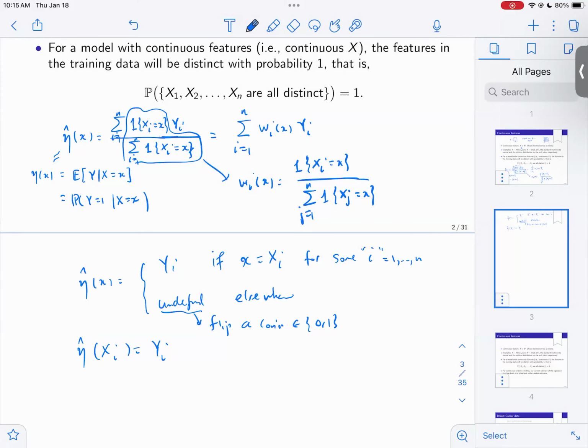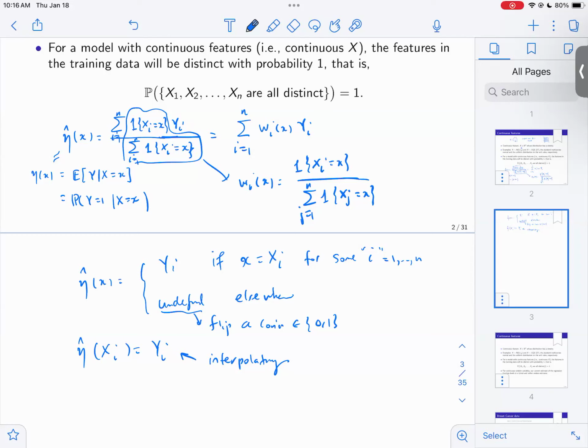This is called an interpolating classifier. But it's probably going to do a poor job for anything else. A new test data point, because of this property, is guaranteed to not match any of the training data, so you're going to fall into the undefined case, where let's say you're doing something random.